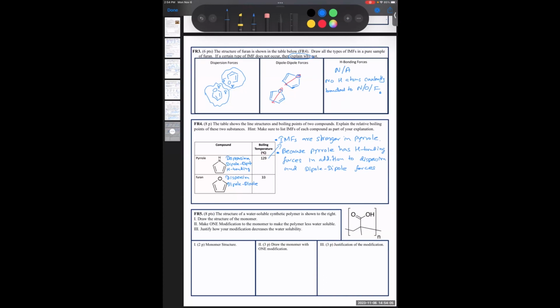So for that reason, you should have stronger overall intermolecular forces in pyrrole, therefore higher boiling point, melting point, density, viscosity, and all those good stuff. All right, so this should take care of those 8 points then, huh? Okay.